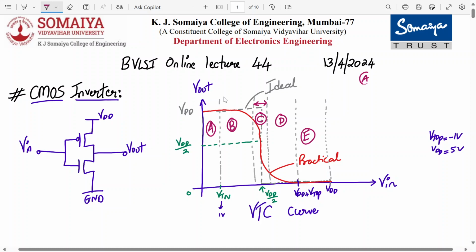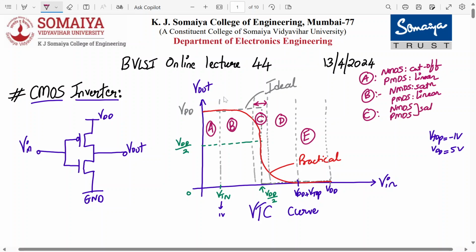In region A, my NMOS is in cutoff, so you can write it down, and your PMOS is in the linear region. In region B, my NMOS turns on and goes to saturation, and my PMOS remains in the linear region of operation. In region C, both NMOS and PMOS are in saturation.